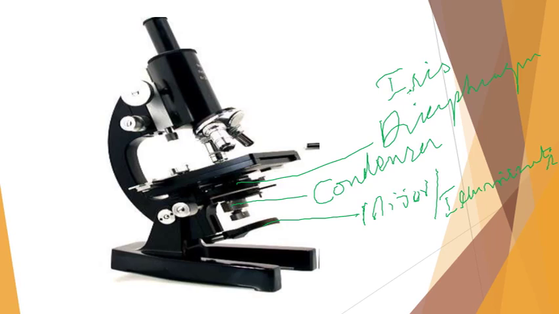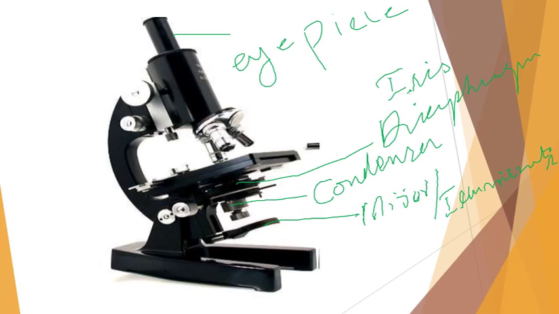In addition to this we have magnifying parts. This is called the eyepiece, and the eyepiece is also called the ocular. So it's the ocular lens also.